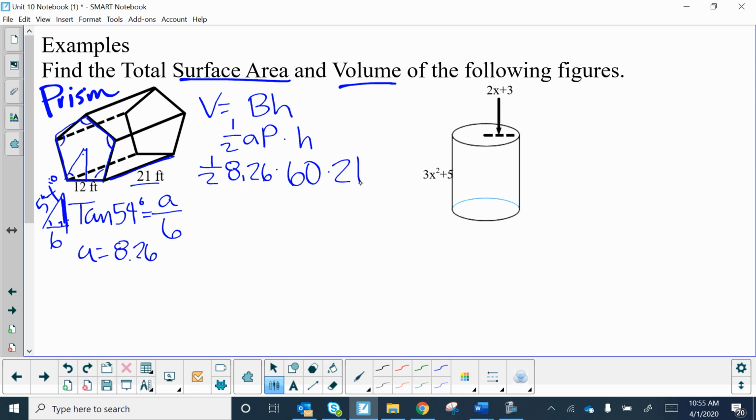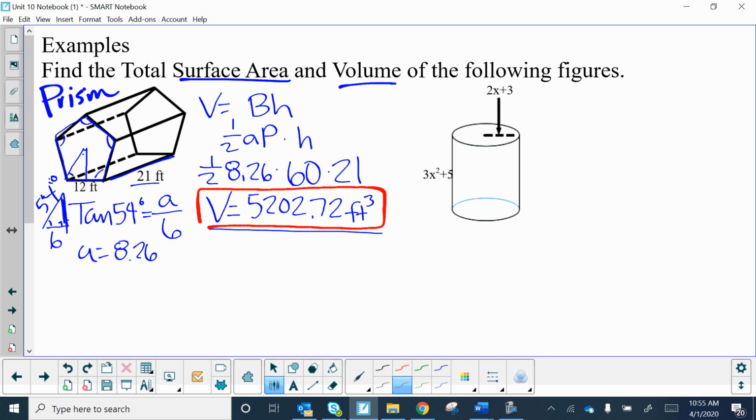So we've got the volume to be 5,202.72 cubic feet. So there's one of my solutions. I'm going to box that. Okay, so there's the volume.